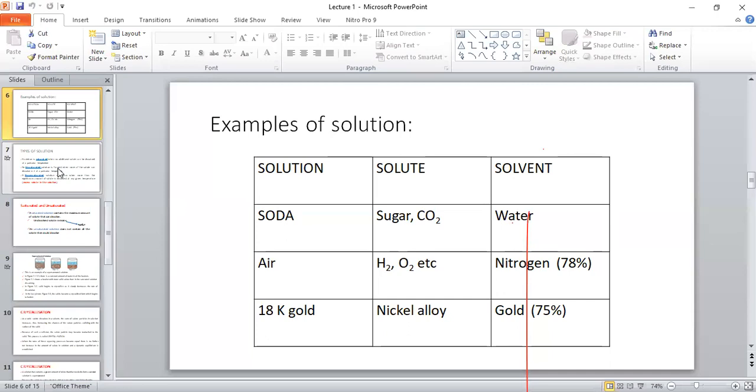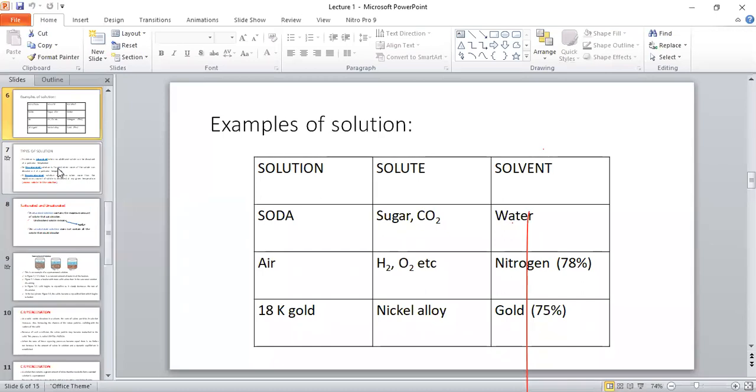Like you can see here, air has a composition of 78% nitrogen. As I told you before, the component present in the largest amount is the solvent, and the other ones are the solutes. So that is a gaseous solution, a homogeneous mixture of constant, uniform composition.